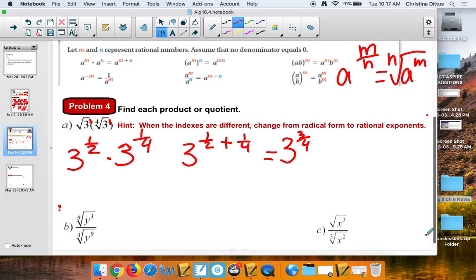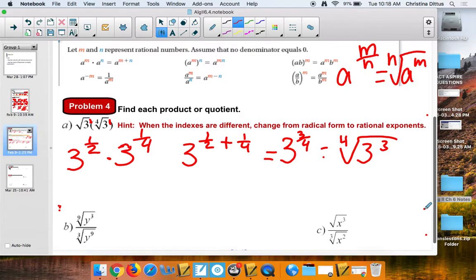Now that we've been able to multiply, we're going to turn it back into a radical. Okay. What does 3 to the 3/4 become when it's a radical? 27. Okay. Hold on. Break it down further. No, you're fine. Break it down further. Yeah, 4th root of 3 cubed. My 4 comes out as my exponent.